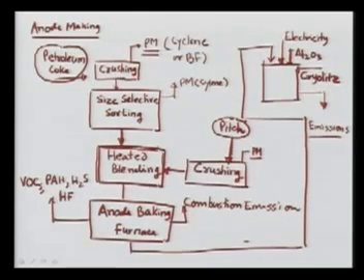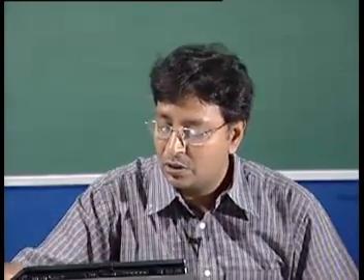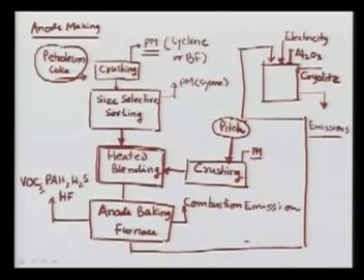So you have a reasonably good paste that you are getting here, but then we can't stop the operation here, because we need to make the pre-baked anode, because the baking has to be done. So what we do is we pass this material in a particular shape to the anode baking furnace, as you can see here, that I have drawn for you.